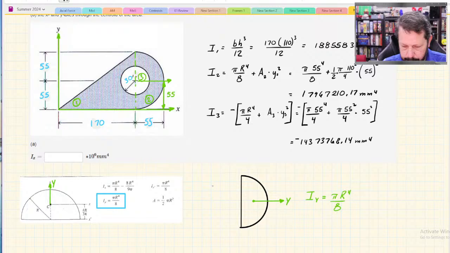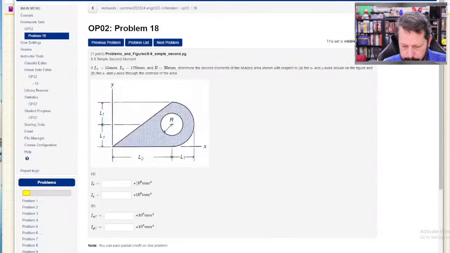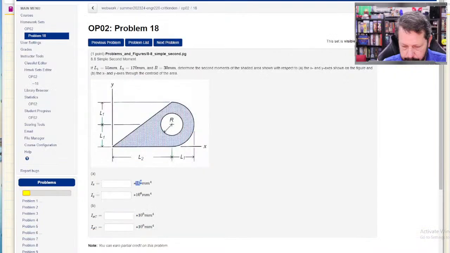If all of that's right, the moment of inertia about the x-axis, so the bottom of this diagram, equals 22449275.33 millimeters to the 4th. Now, just plugging this into my calculator and not really checking things, there's a high chance of failure here, but let's... Oh, and it wants it times 10 to the 6 millimeters to the 4th. So actually, 22.45 times 10 to the 6 millimeters to the 4th. So let's try 22.45.